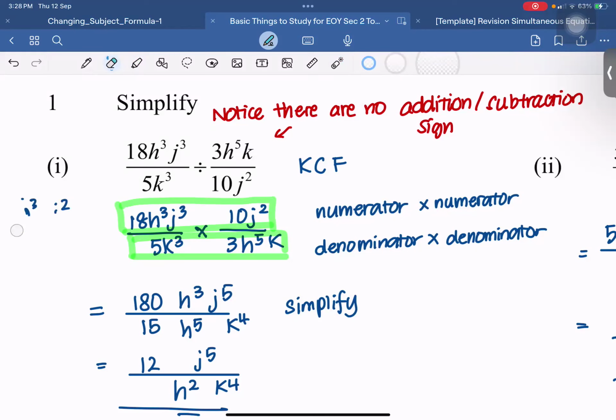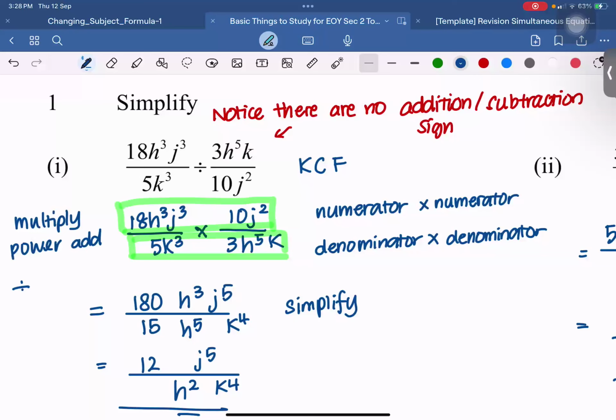When I multiply, the powers add together. When I divide, the powers subtract. So this one is a law of indices. Please take note.